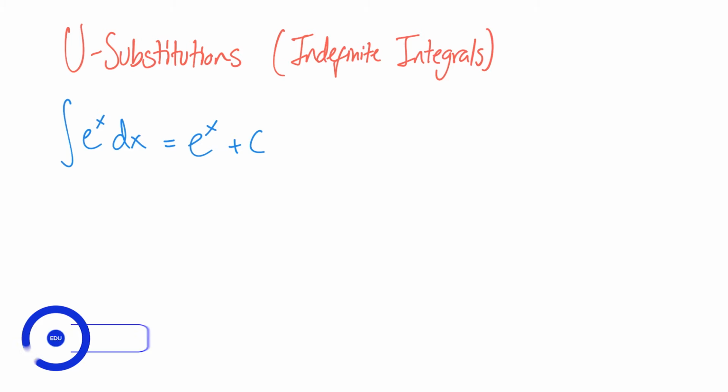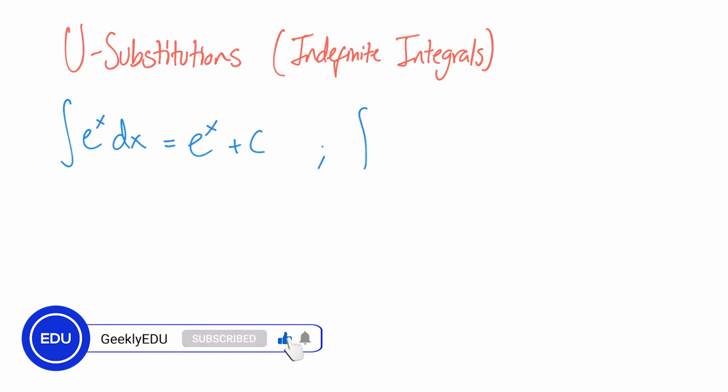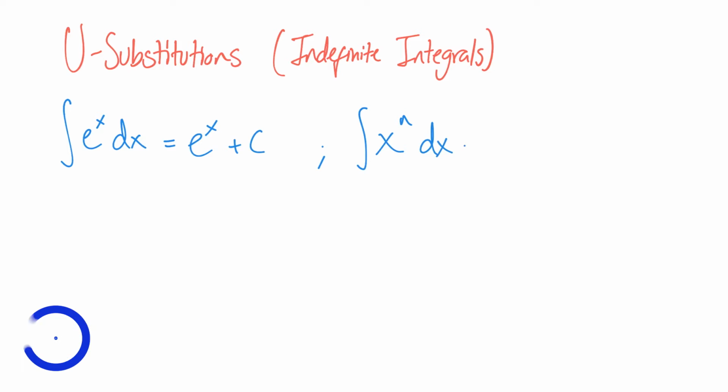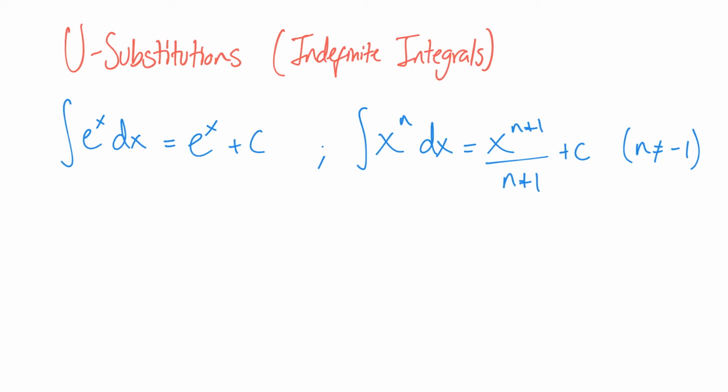If I have any sort of polynomial, x to the power of n dx, this is going to be x to the n plus 1 divided by n plus 1 plus c, for any n that's not -1. So if I have x squared, I know right away it's going to be x to the power of 3 over 3, etc.